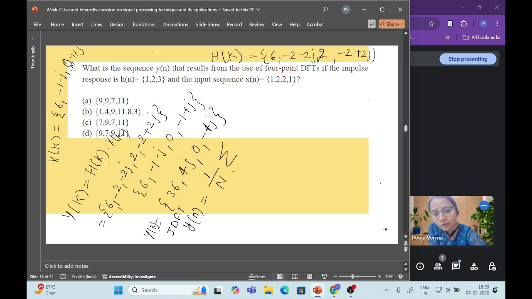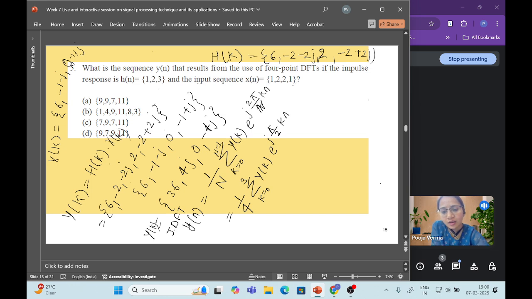We already know that k varies from 0 to N minus 1. For Y of k, we have e to the power j 2 pi by N, n k. N is equal to 4 because it is a 4-point DFT, and k varies from 0 to 3. So Y of k e to the power j pi by 2 into k into n.